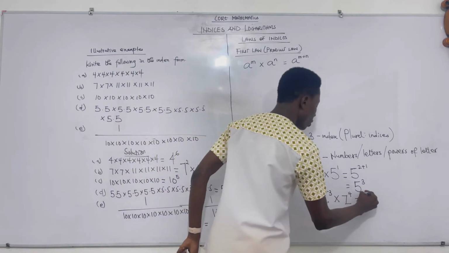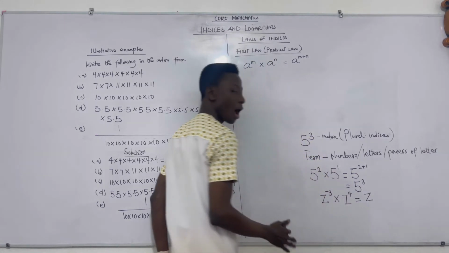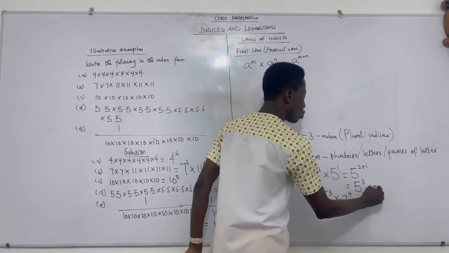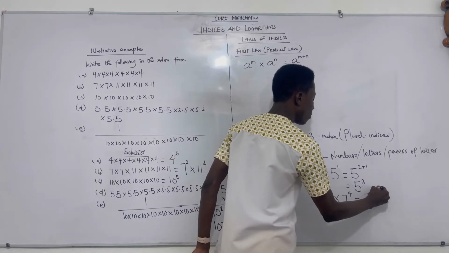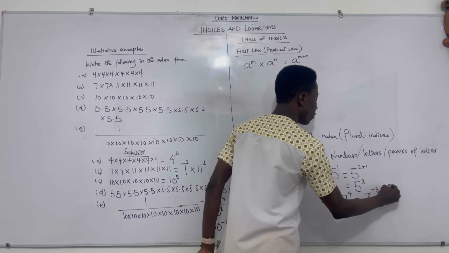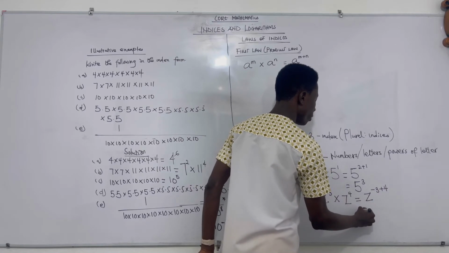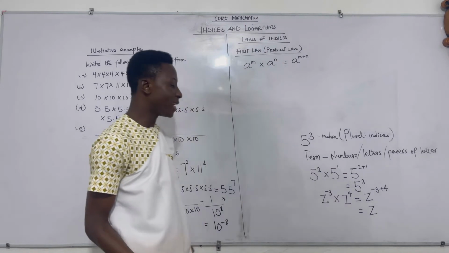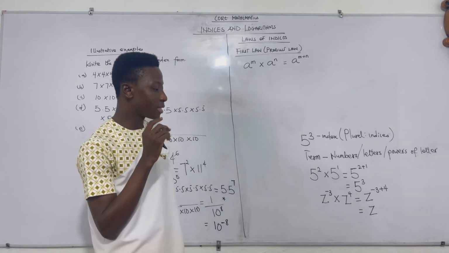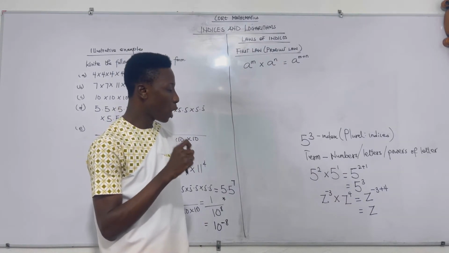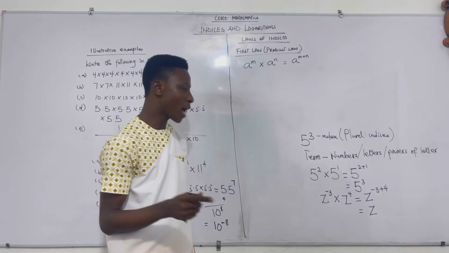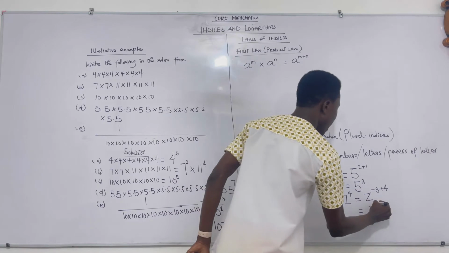Just pick one of the bases they are both bearing, and since they are multiplying, remember to add the powers. So you would have minus 3 plus 4. Now you pick your calculators and punch minus 3 plus 4. When you do that, you realize that the answer is 1.